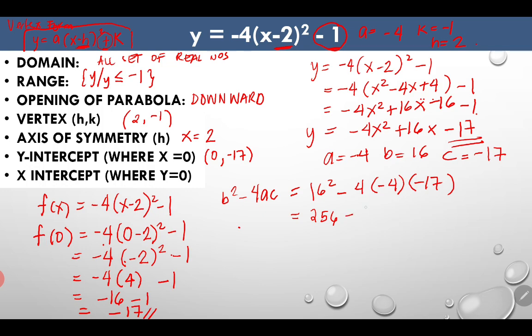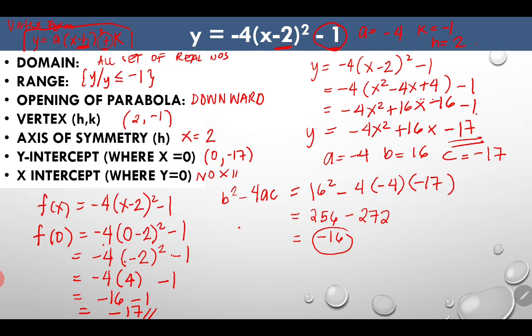So, minus 272. So, 256 minus 272 is equal to negative 16. So, since b squared minus 4ac is a negative number, therefore, there will be no x-intercept.